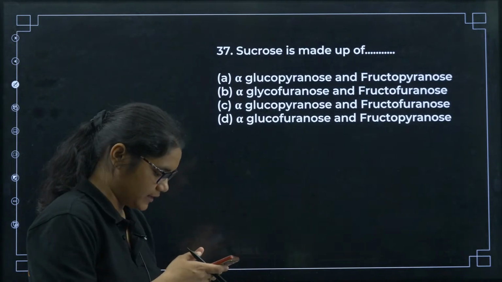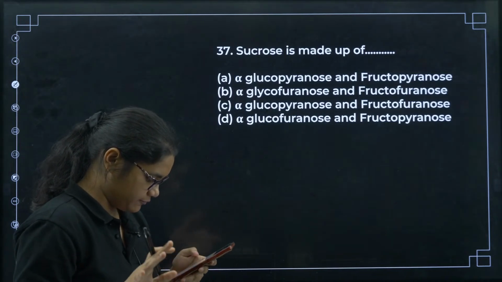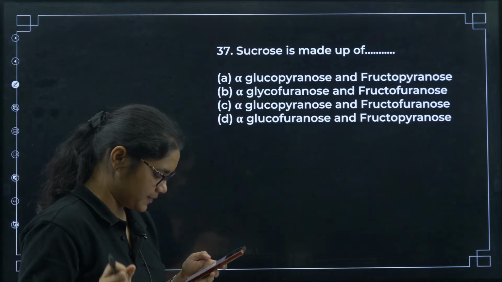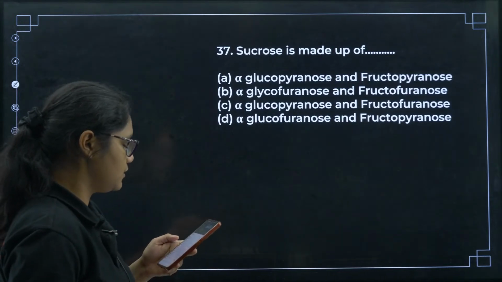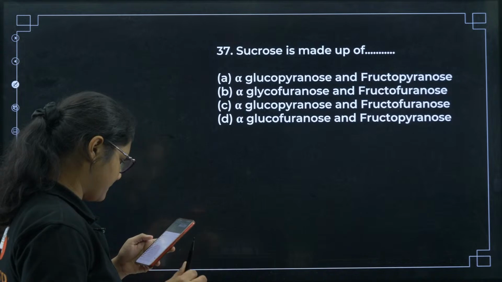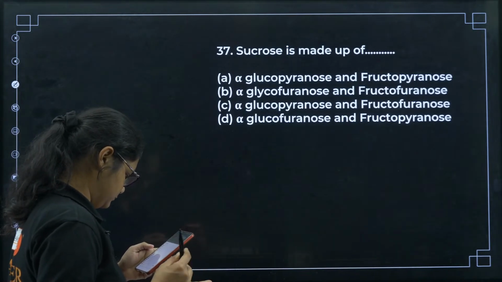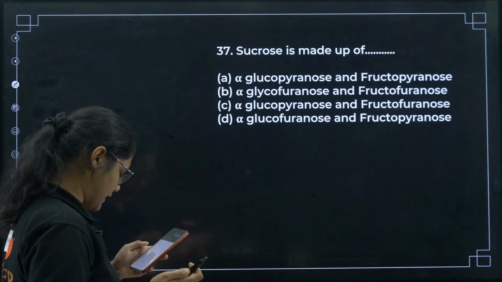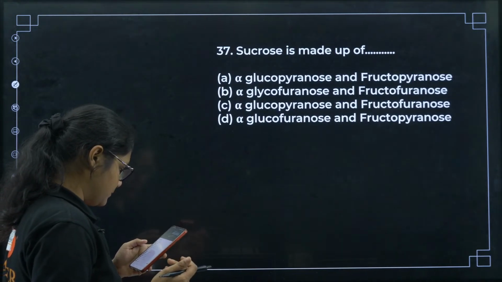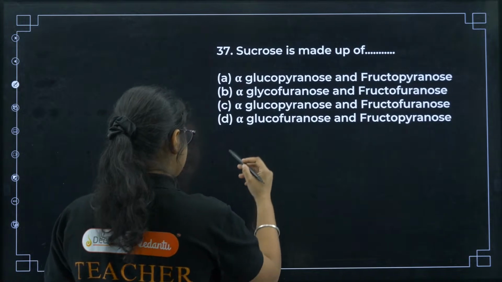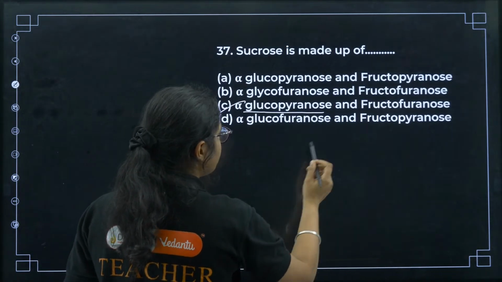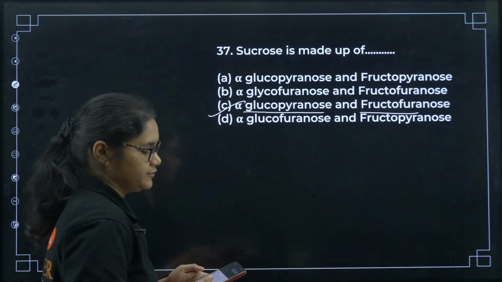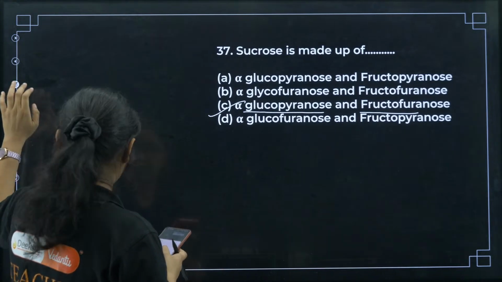Confusing options are there here, so be very careful, read all the options correctly and then answer. Take your time, read and then answer. Yes, 37C is correct. Alpha glucopyranose and fructofuranose. Okay, so all of you are correct here again.